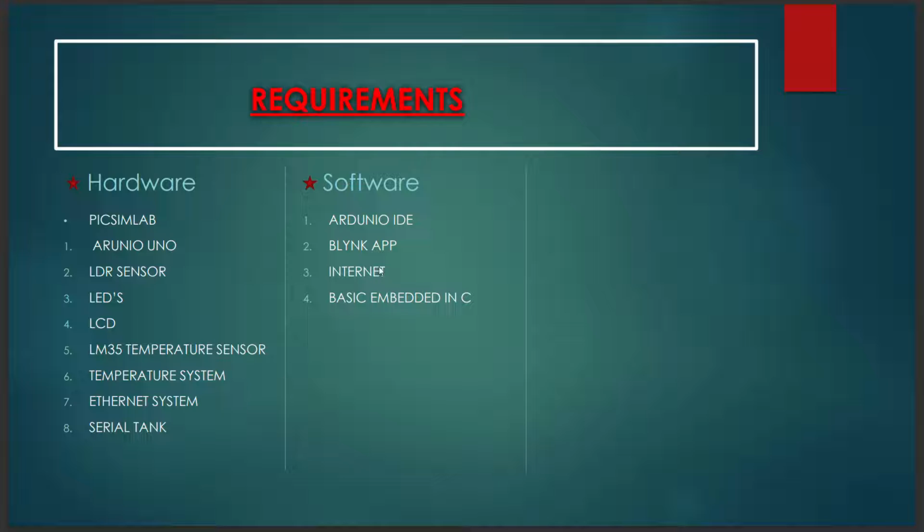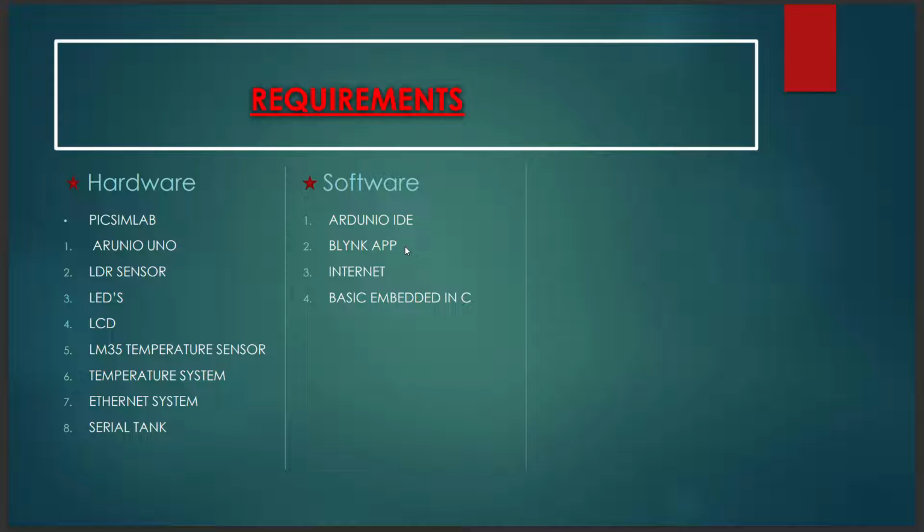Coming to the software, the Arduino IDE, which is used in our internship program, is the software used to code this home automation. The Blynk app is the app which commands the device.